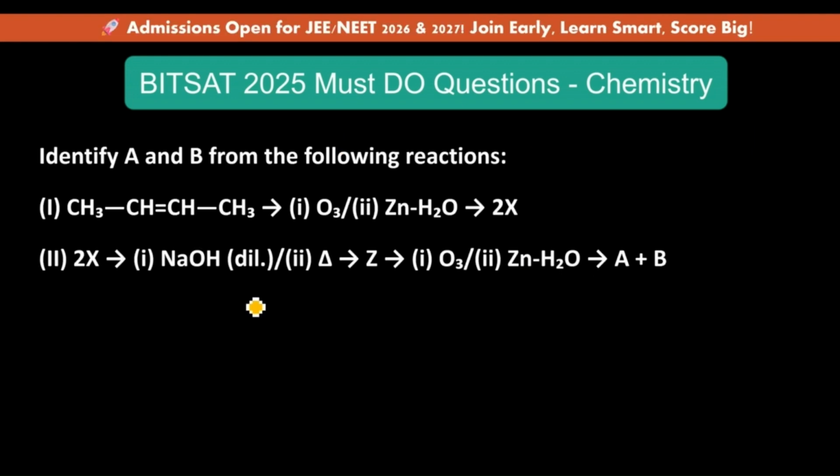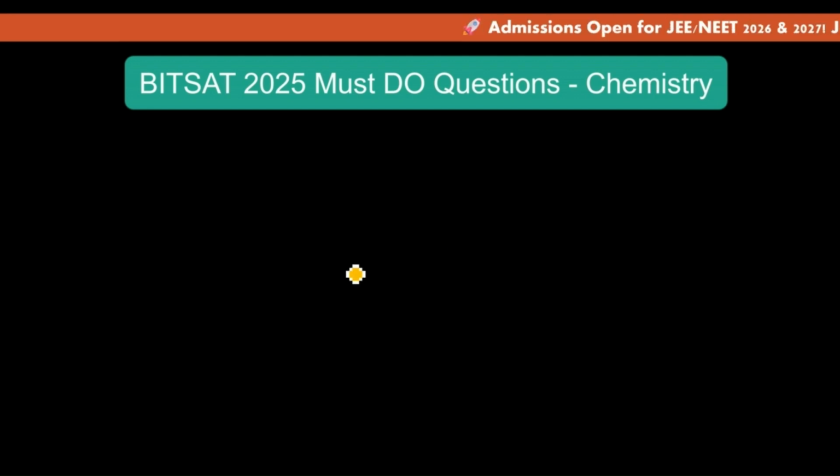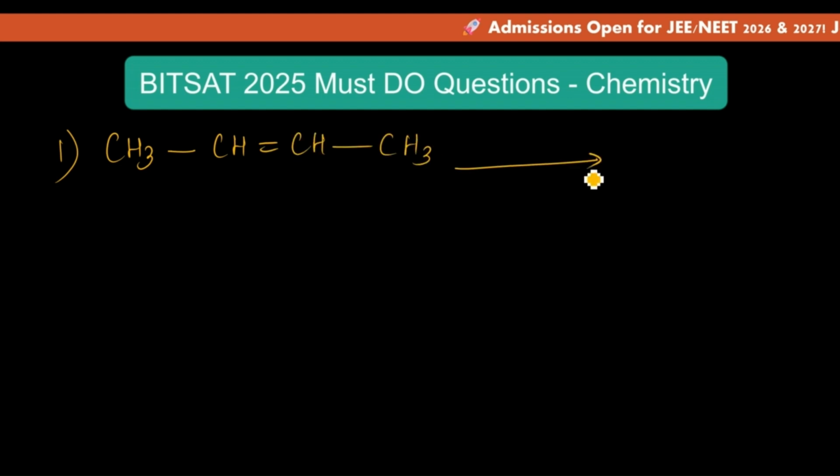Then identify A and B from the following reaction. So let me give you the reactions first. The first reaction, that is CH3CH=CHCH3, which is undergoing O3 with zinc H2O, that is forming 2X.